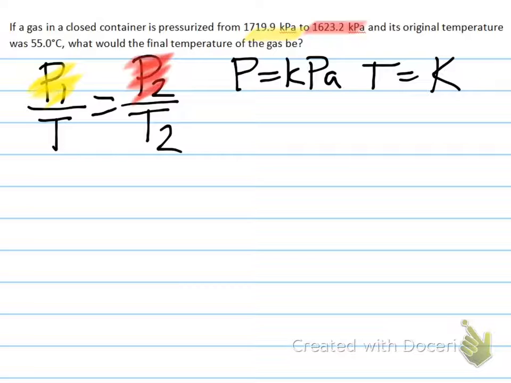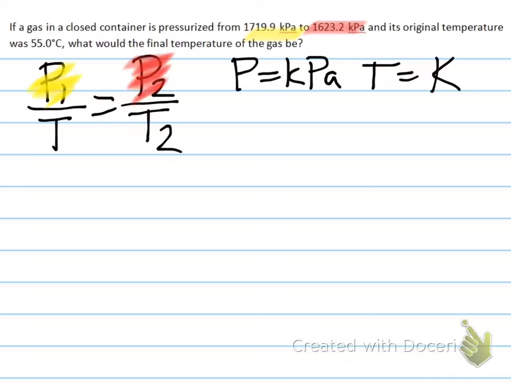If its original temperature was 55.0 Celsius, that's going to be my T1, what would the final temperature of the gas be? So we are looking for our T2.